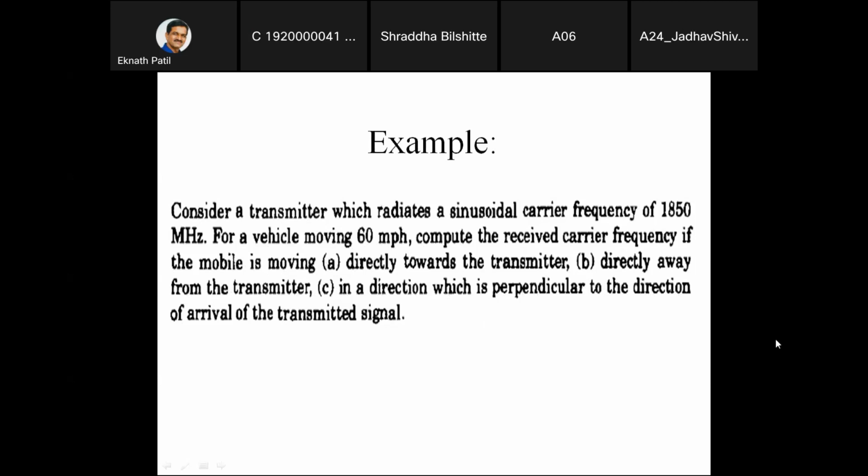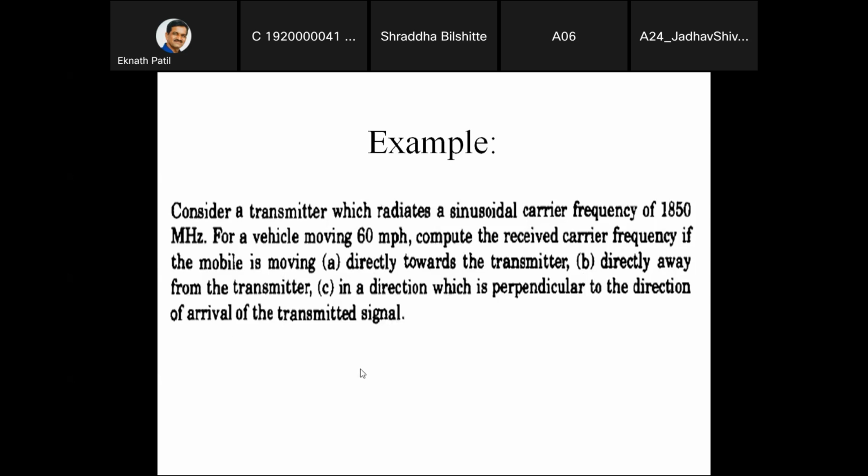So this is the example, and as we have discussed, we have to calculate the received carrier frequency. fD is equal to v by lambda into cos theta.